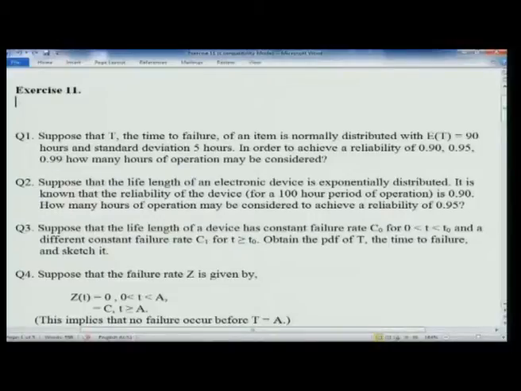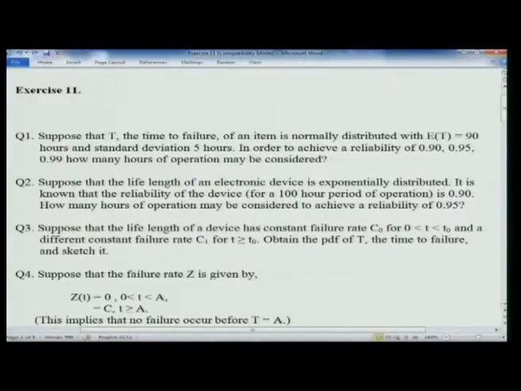Question 2. Suppose that the life length of an electronic device is exponentially distributed. It is known that the reliability of the device for a 100-hour period of operation is 0.9. How many hours of operation may be considered to achieve a reliability of 0.95?